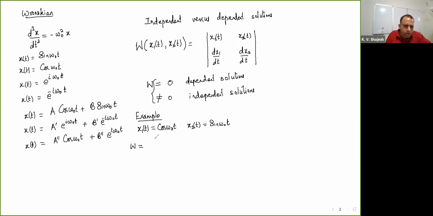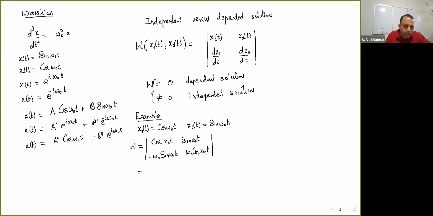Wronskian is the determinant where the first row consists of the two solutions themselves, and the second row involves the derivative of the two solutions. When I take the derivative of cosine, I get a sine with an omega naught in front and with a negative sign, so it's minus omega naught sine omega naught t. And when I take the differentiation of sine, I get omega naught cosine omega naught t. And I have to take the determinant of this whole quantity.